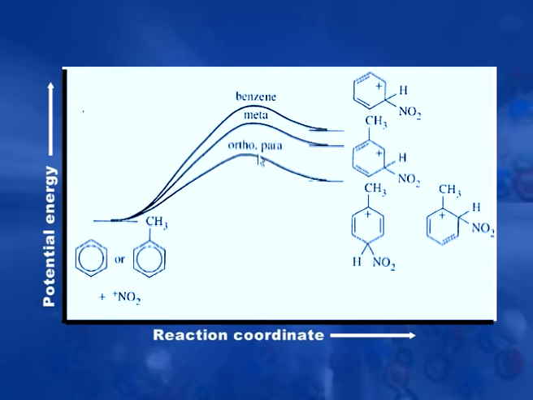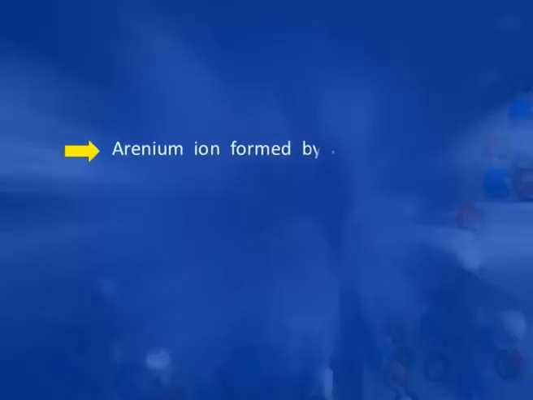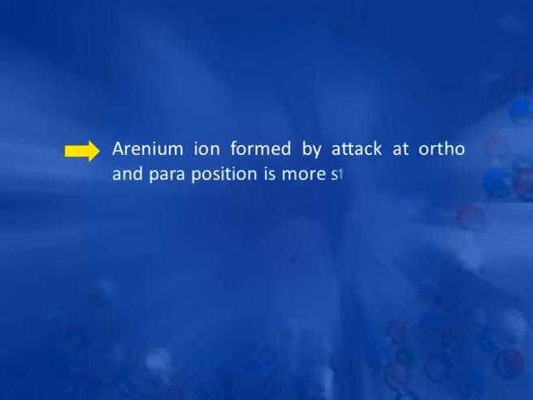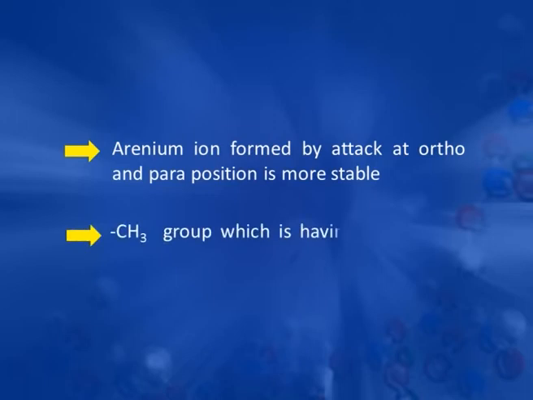And further, ortho and para have less E activation as compared to meta, and this is only due to the more stabilization of the intermediate via the presence of a more stable resonating structure. So, thus we can say the arenium ion formed by attack at ortho and para position is more stable. So, the methyl group, which has plus I effect, is an ortho and para director.